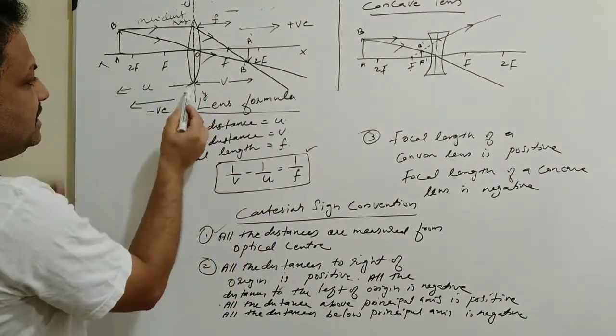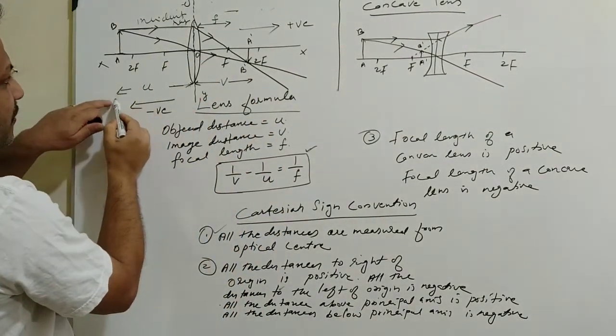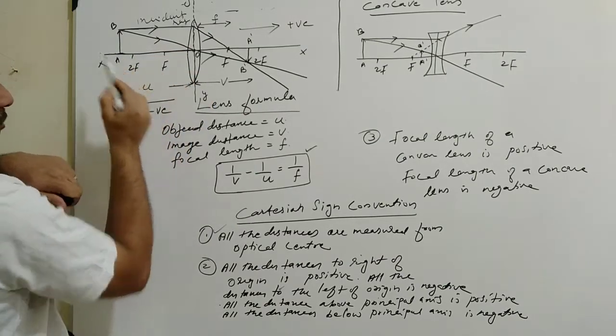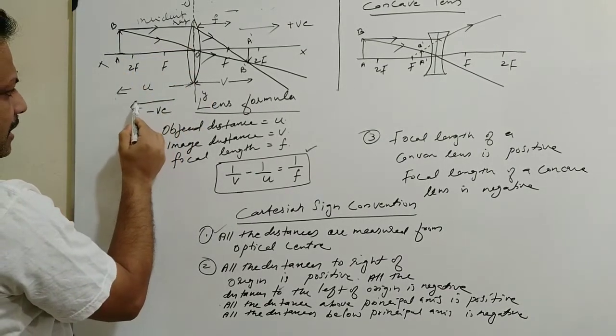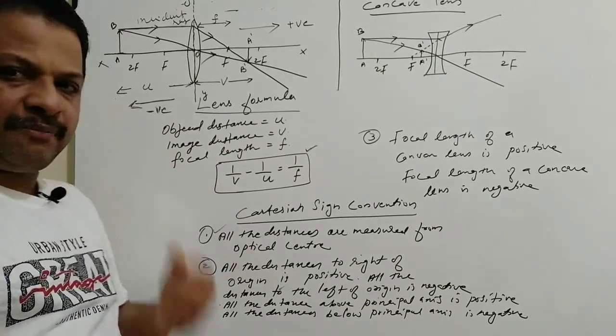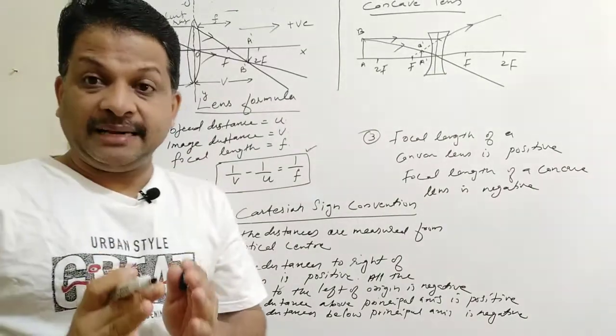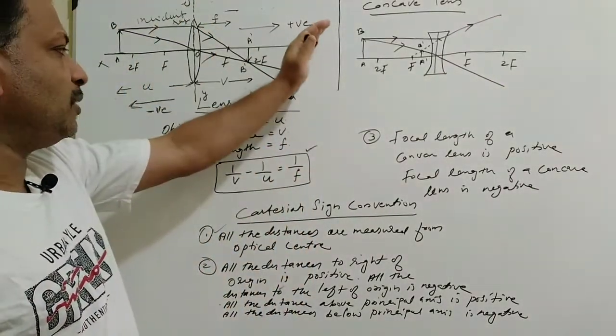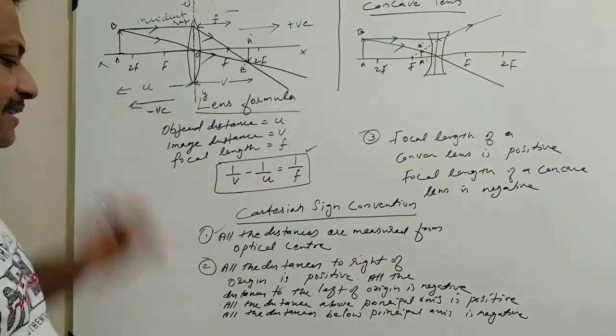All the distances opposite to the direction of incident light are negative. So the same rule can be expressed in terms of the direction of incident light. Don't get confused. Very simple. All the distances to the right of the origin are positive, to the left of the origin negative.